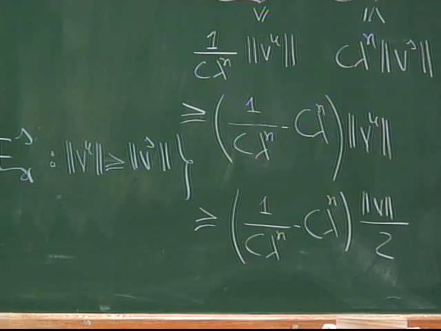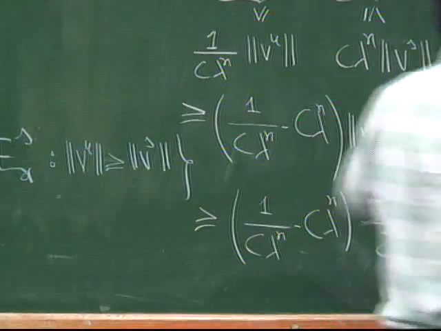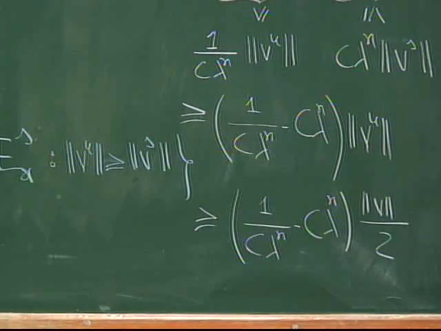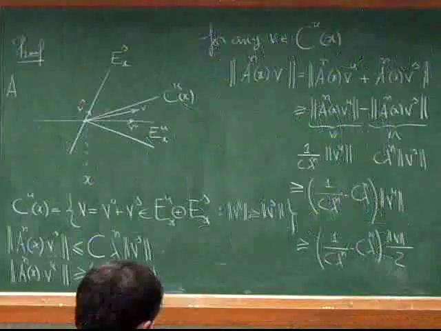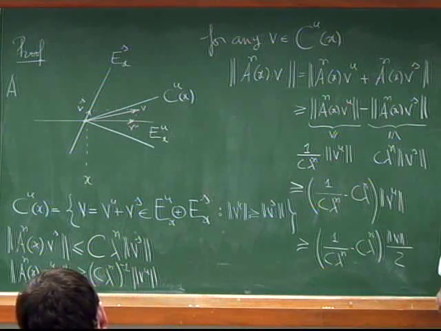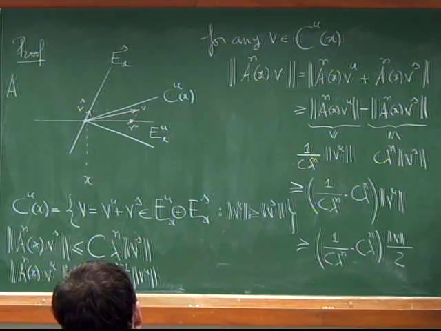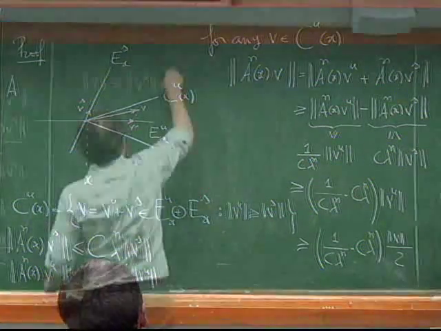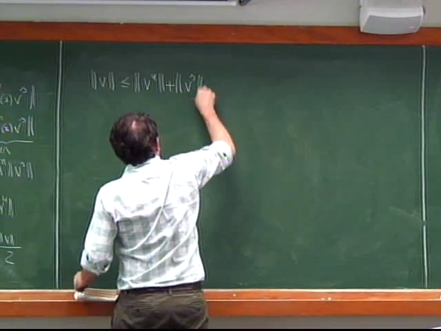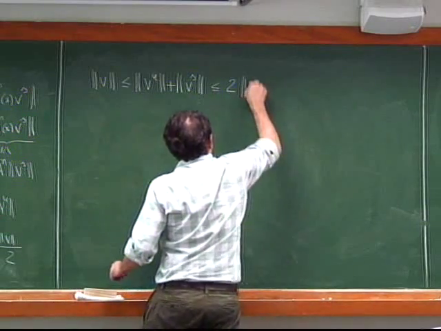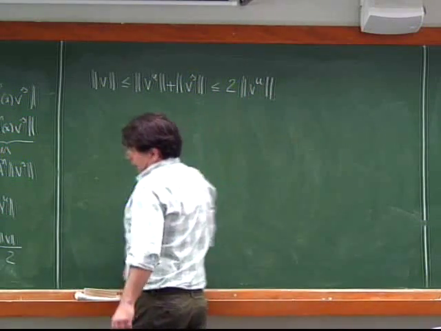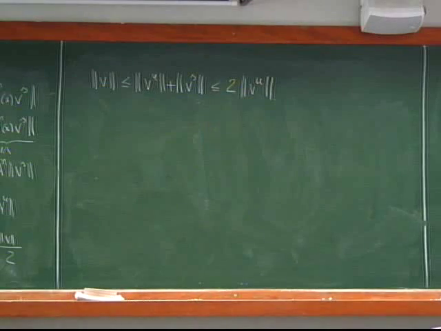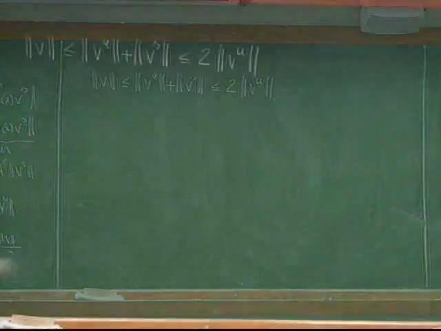Why is it that I can do that? Because, of course, the norm of v is smaller than the norm of v^u plus the norm of v^s, which is smaller than 2 times the norm of v^u.